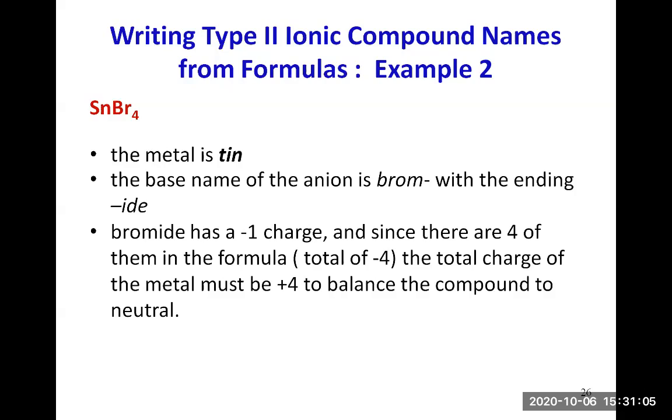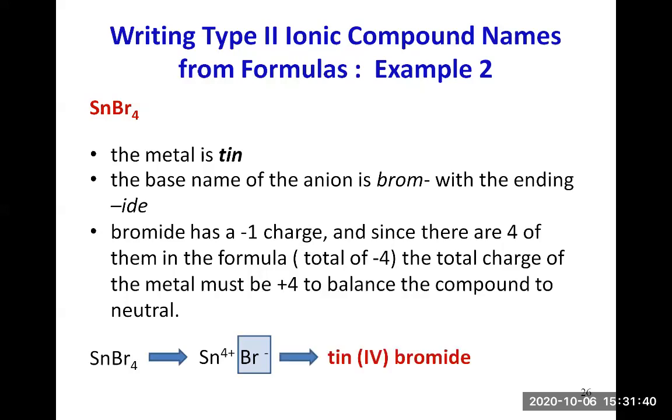The bromide anion has one negative charge, and since there are 4 of them in the formula, that's going to be 4 negative charges in total. So the metal must carry 4 positive charges, and there is only one tin, so that tin will have the 4 positive charges on it. So the formula is actually made of ions Sn4 plus and Br minus. So the name will have 4 in Roman numeral, and so it's going to be tin 4 bromide.